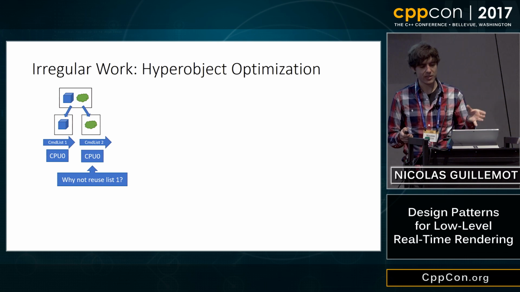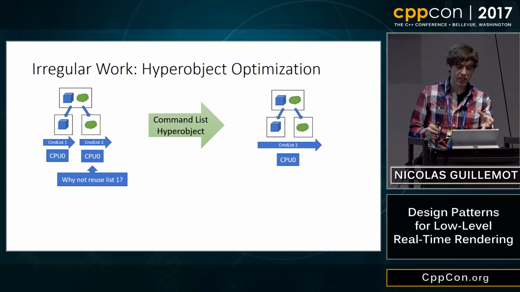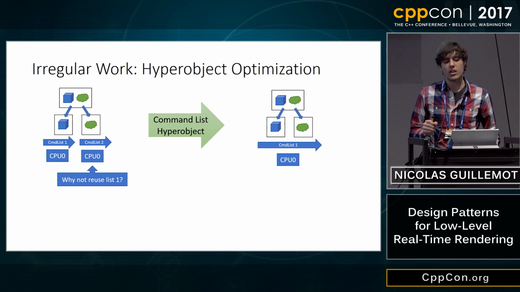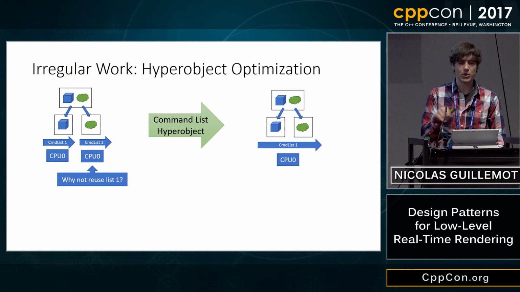Now, this is actually possible to do in a relatively elegant way using this so-called hyperobject idea. With this hyperobject idea implemented, the final result is that in those circumstances where the same CPU is used for subsequent draw calls, the two lists of draw calls are combined into one single list.